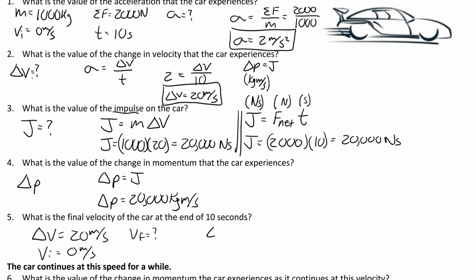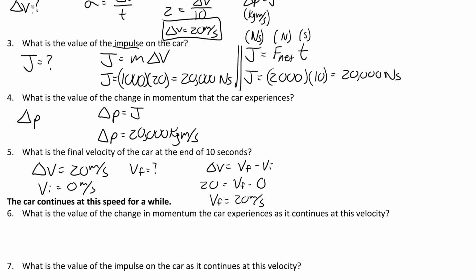So by definition, the change in the velocity is equal to VF minus VI. So you just plug in, this is 20. VF is what we're looking for. VI is actually 0. So the final velocity is equal to 20 meters per second. It's equal to the change in the velocity in this case because you're at rest.